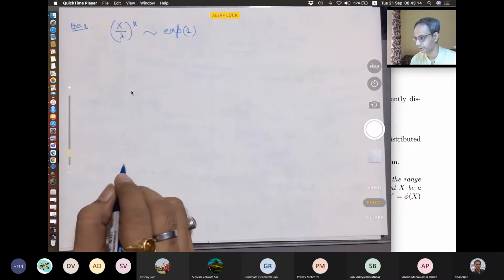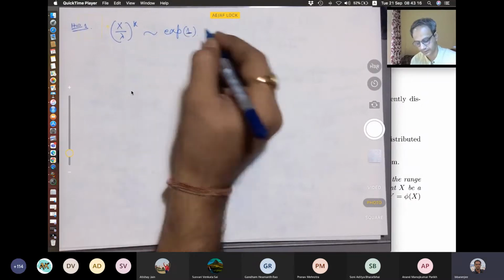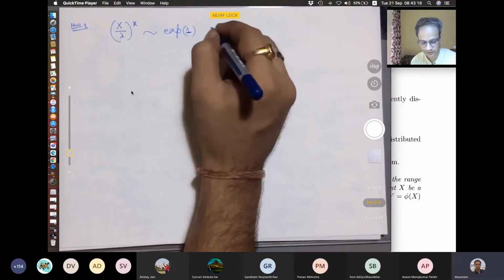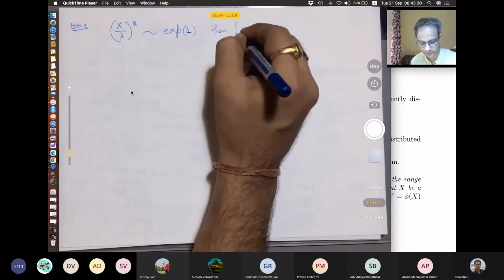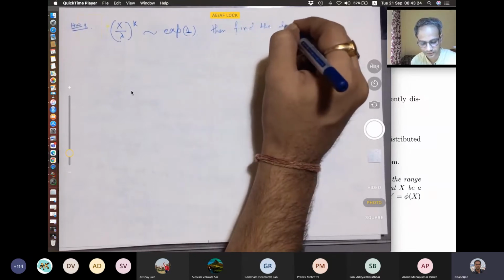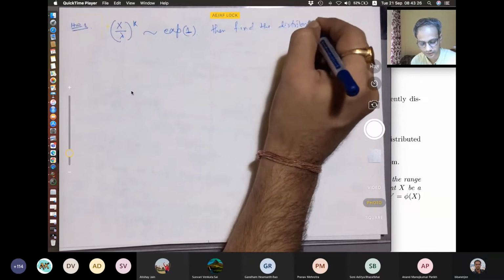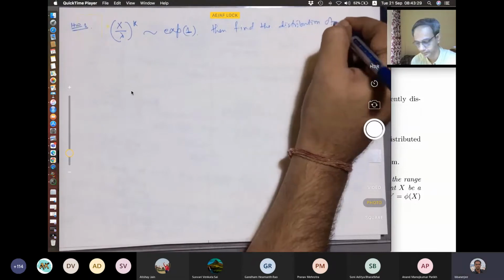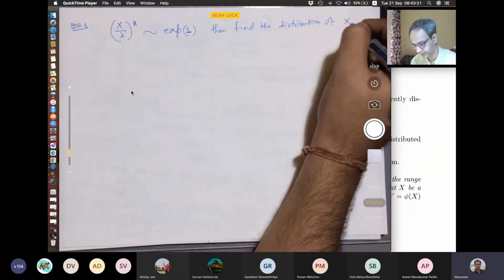If this random variable follows exponential 1, then find the distribution of x.